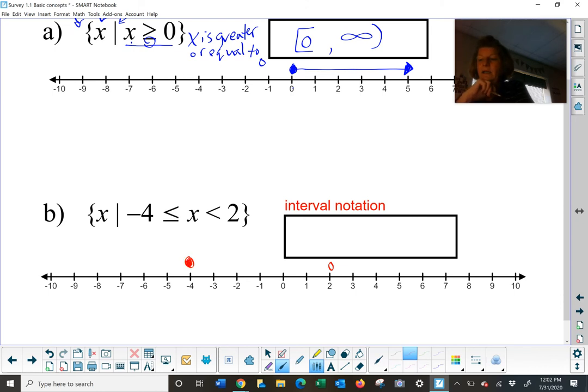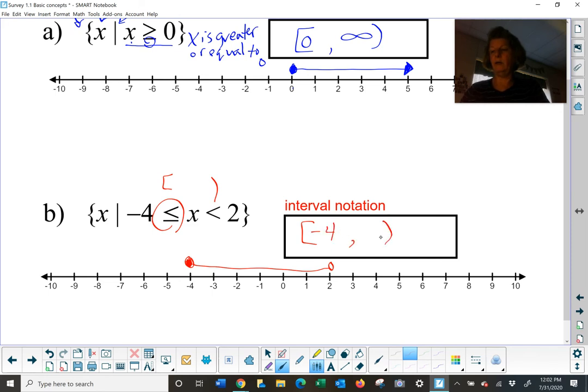And then open 2 because it's not equal. I do not see a bar underneath there, so it's just open on 2. All the numbers in between are answers, so it looks something like that. Interval notation. This is a closed, and this is an open, isn't it? So I want to go from -4, comma, 2.